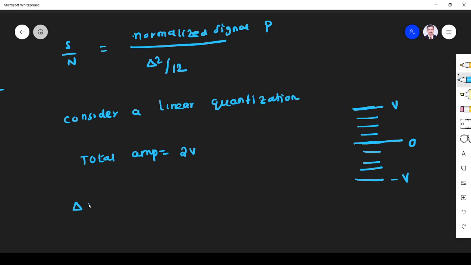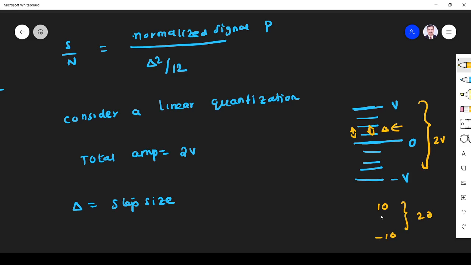So what is del? Del is the step size, the gap or interval between two levels. The total range is 2V. If I divide this by the total number of levels, I can find the interval. For example, if it is 10 to minus 10, the total is 20, and if it is divided into 10 levels, I divide by 10, so the gap between two levels is 2.